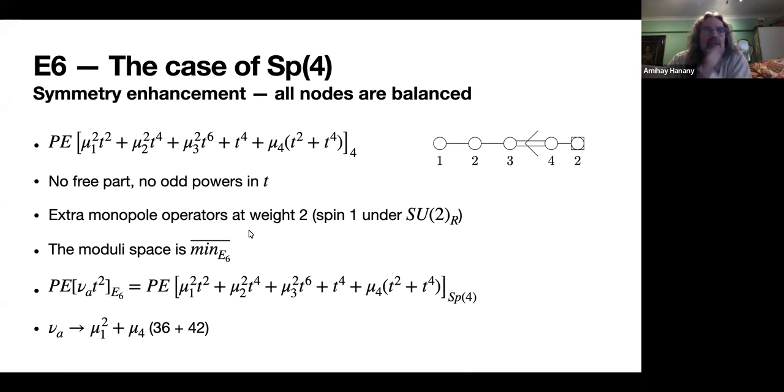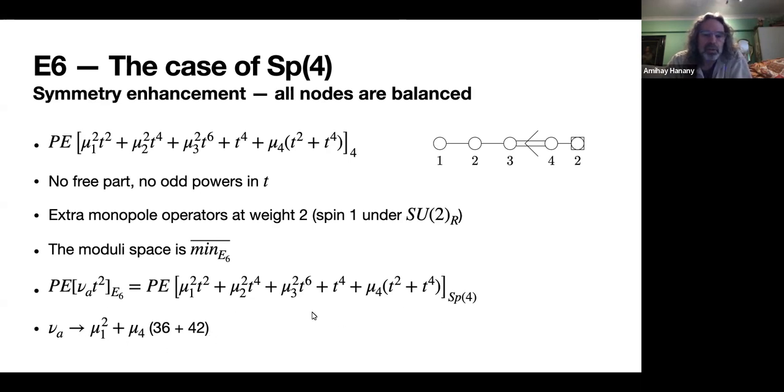Okay, so the extra monopole operators that I find at weight 2, due to the fact that this node is now balanced, give me an enhancement, and I get an E6 moduli space. And I find that this expression for the highest weight generating function gets an expansion like that, where mu here refers to the adjoint representation of E6. So here's the first expansion.